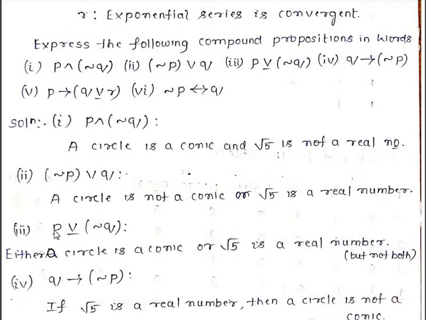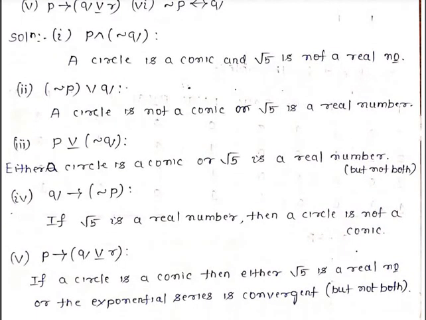Before P, you have to insert the word "either": either a circle is a conic or square root of 5 is not a real number, but not both. Next, let us go for the next problem.